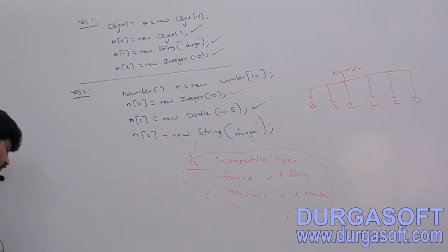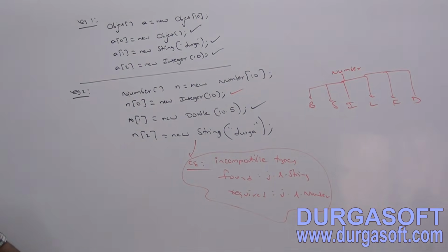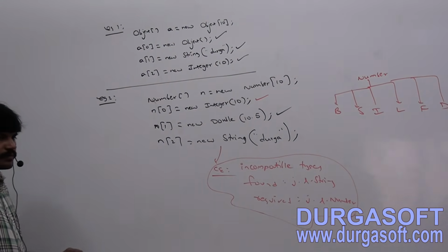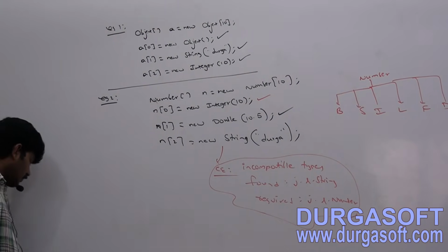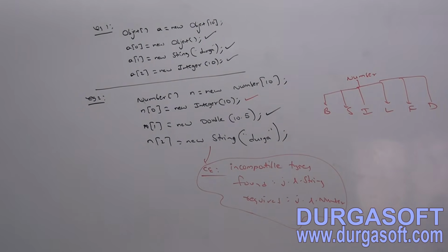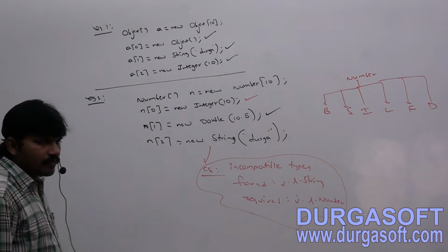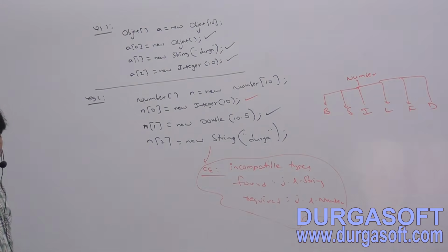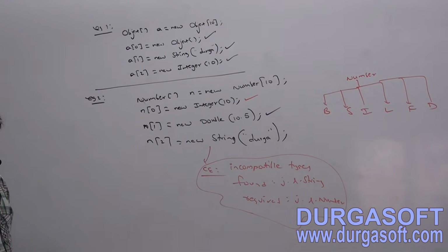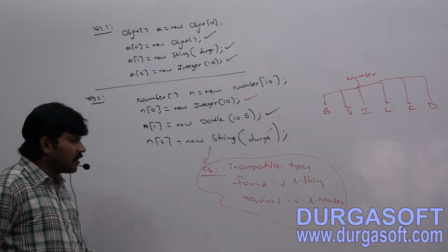Okay, now clear for you people, right? Incompatible types: found java.lang.String, required java.lang.Number.